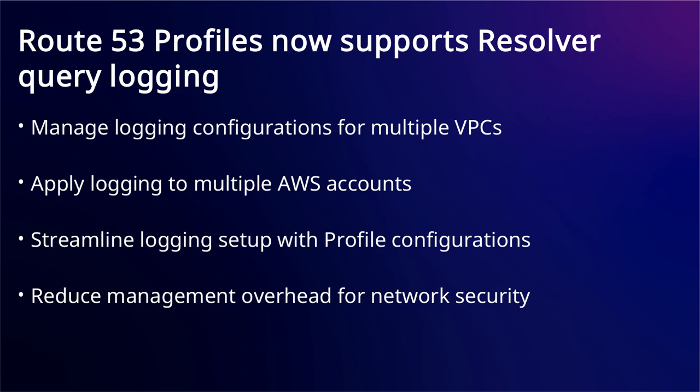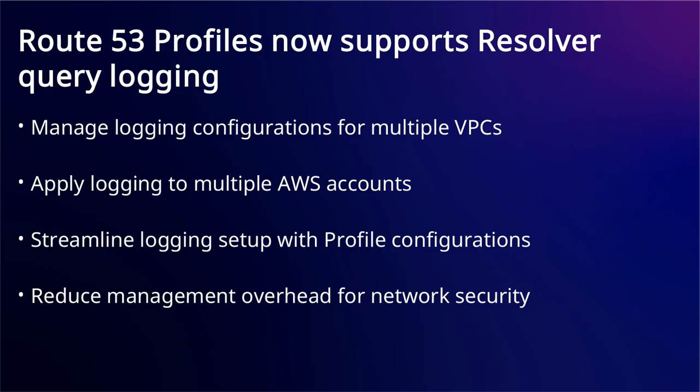Managing resolver query logging across multiple VPCs and AWS accounts was previously a manual, time-consuming process. Route 53 Profiles now supports resolver query logging configurations, addressing this challenge. You can manage logging configurations for multiple VPCs and apply them across AWS accounts within your organization.